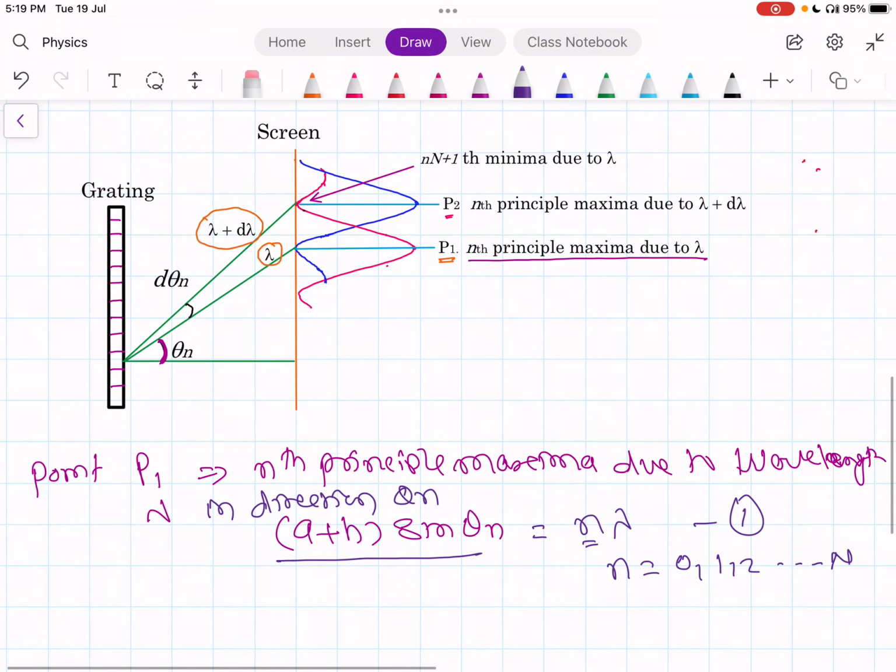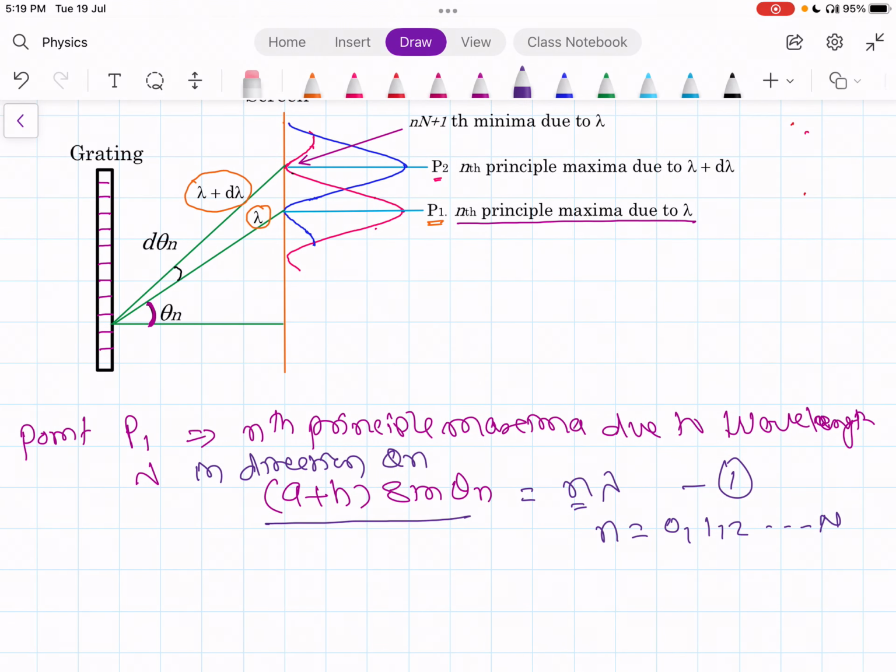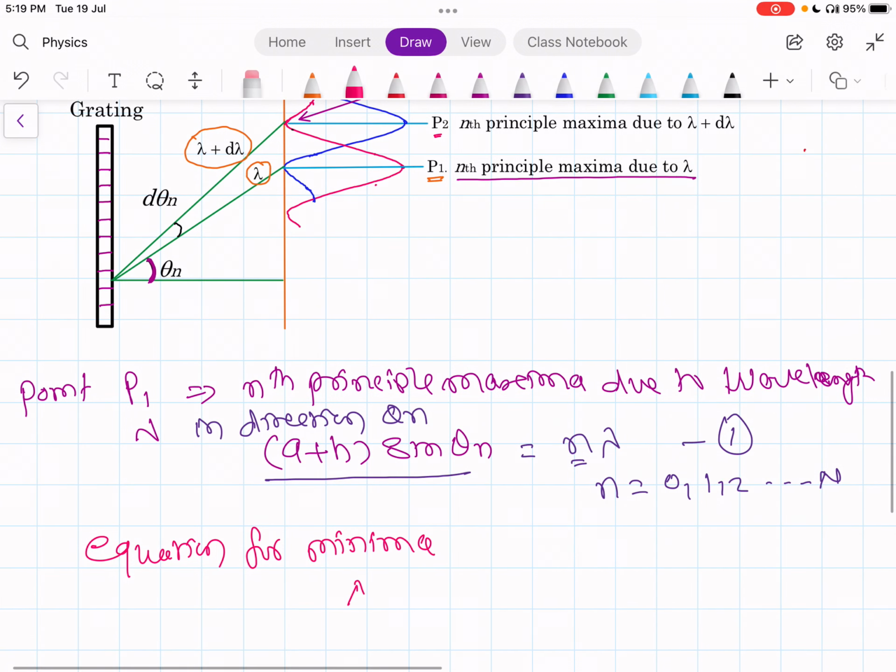Then the equation for minima. What is the equation for minima? The equation for minima is n times A plus B sine theta equals n lambda. Let us say this is equation 2.